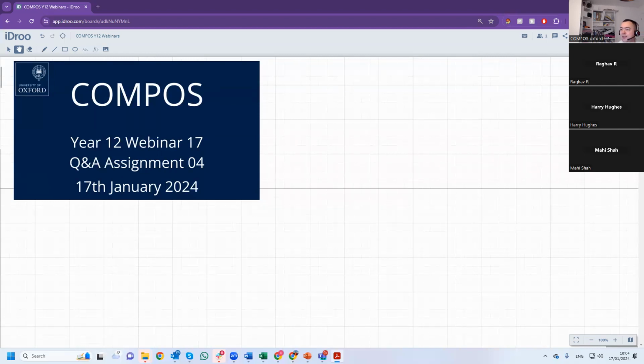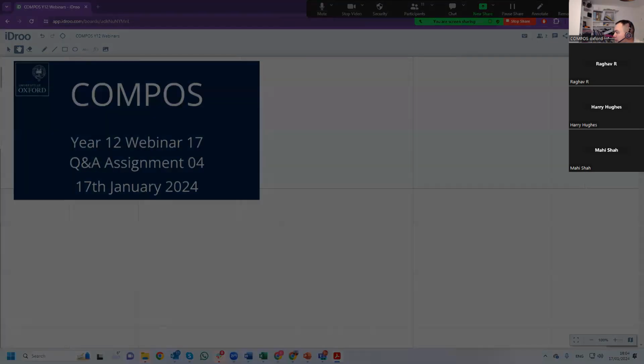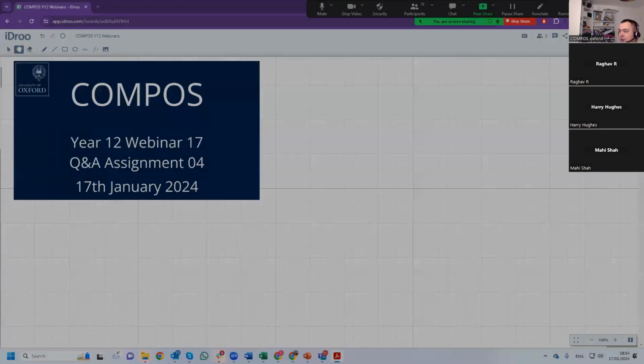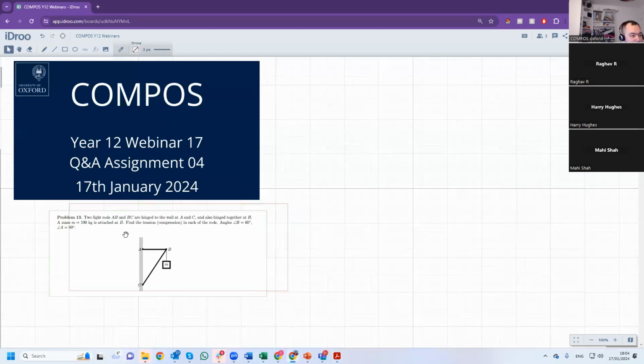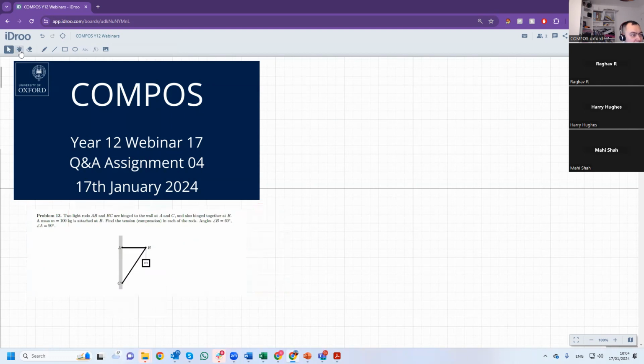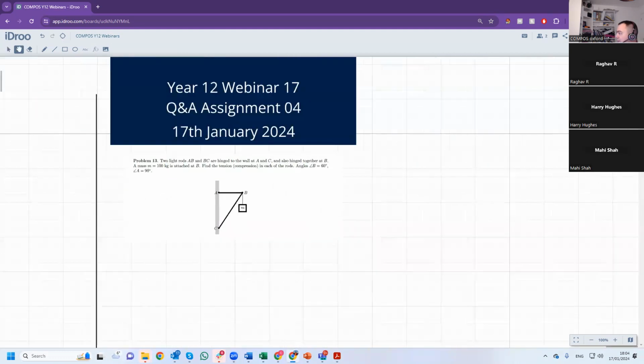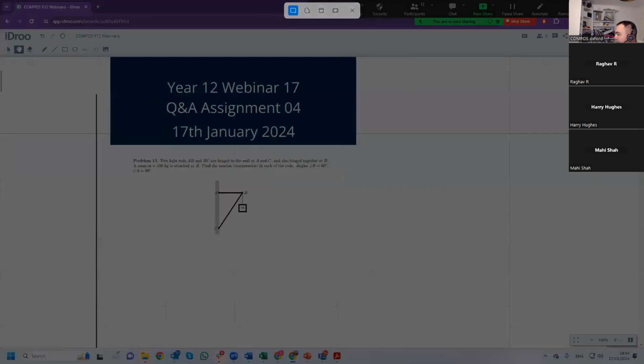All right, physics problem 13. Starting from the end. That's an extra problem. Physics 13 and then physics 10 afterwards.